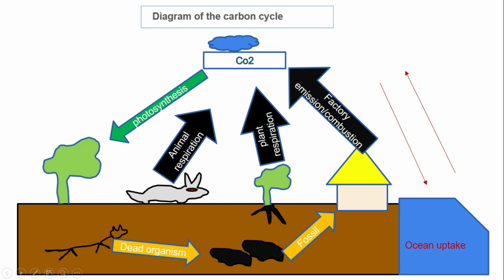Now, for those of you who want further detail, what happens is that when carbon is taken in by plants, the carbon will be used to make simple sugar, right? Simple sugar will be converted into starch and be stored in the plant. Some of it will be used to make fruits.